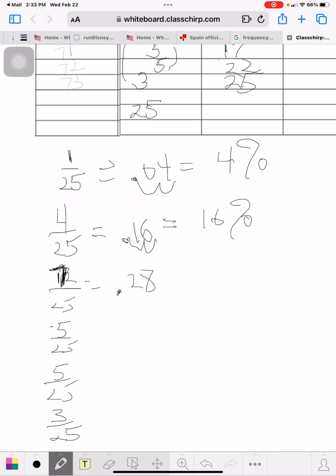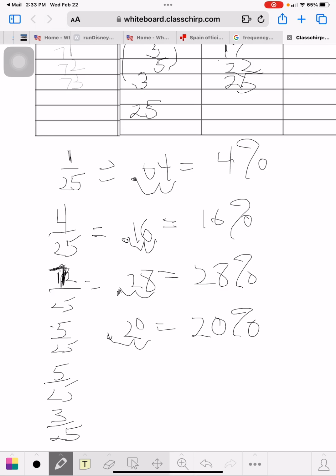Now to change it to a percentage, we go 2 places, 28%. Now the next one, 5 divided by 25, 0.2. To get there, we go 1 place, and then we have to add a 0. 20%.